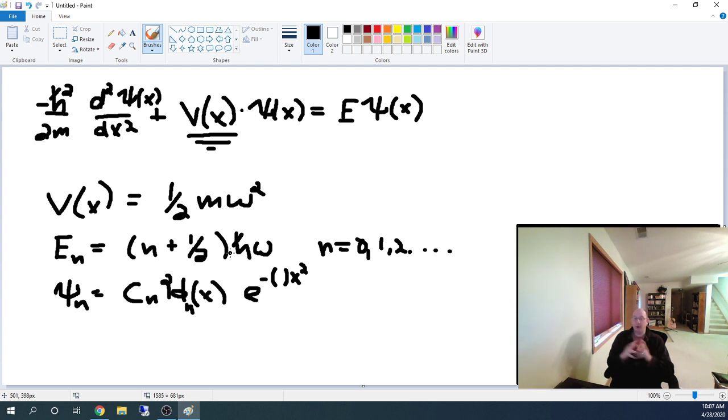It's not 0. And that means that any bound particle so far that we've seen has an energy which is not 0. Even for the particle in the box, the lowest energy that produced a particle had n equals 1, and it had a non-zero energy.